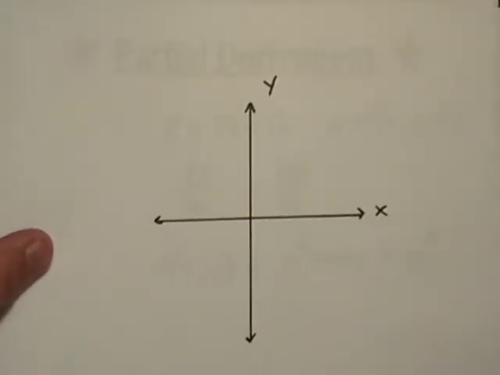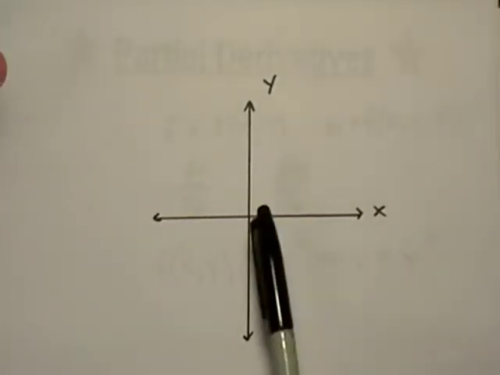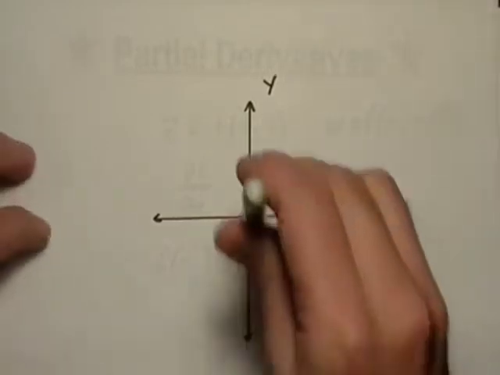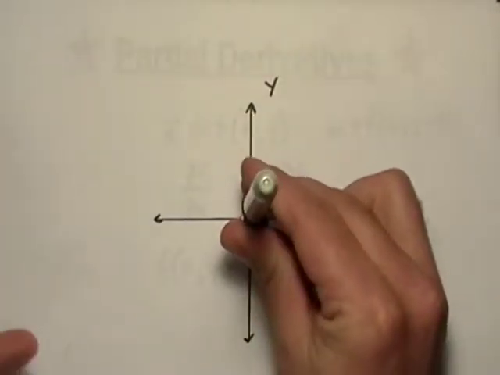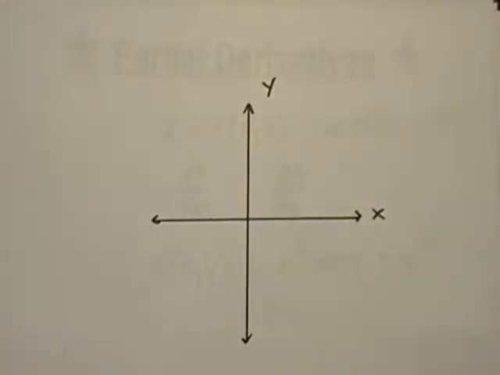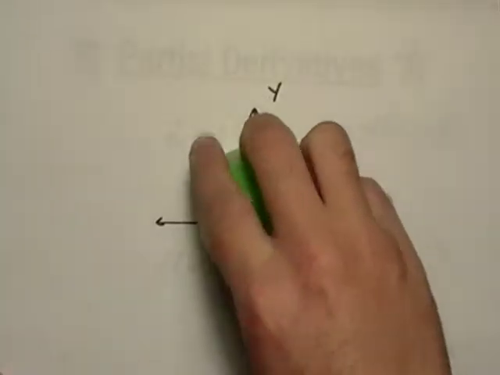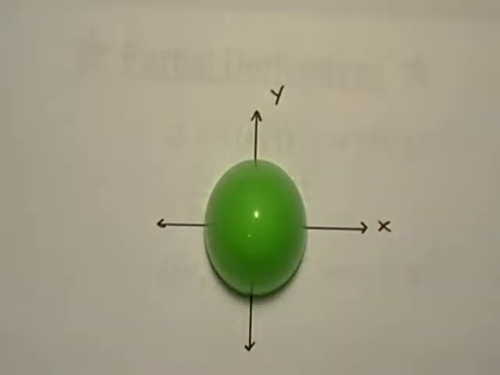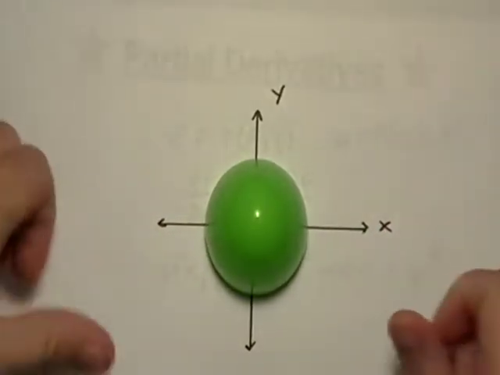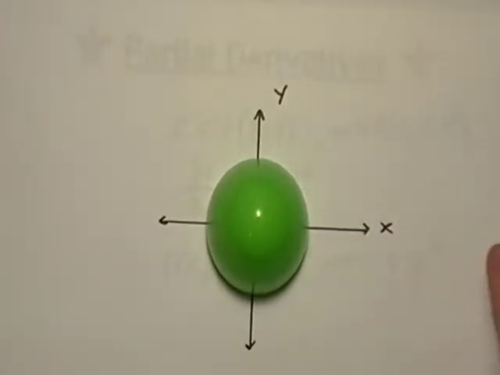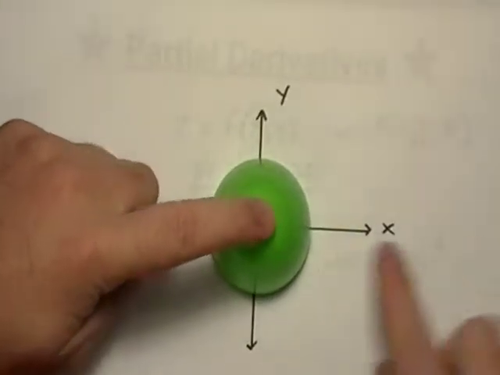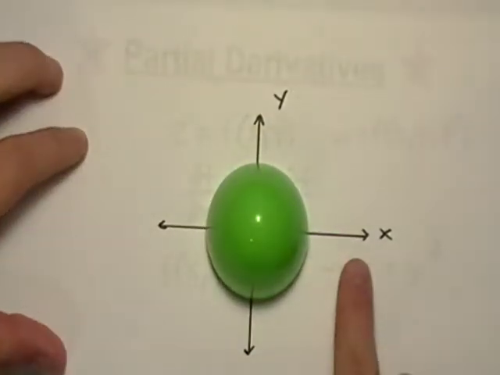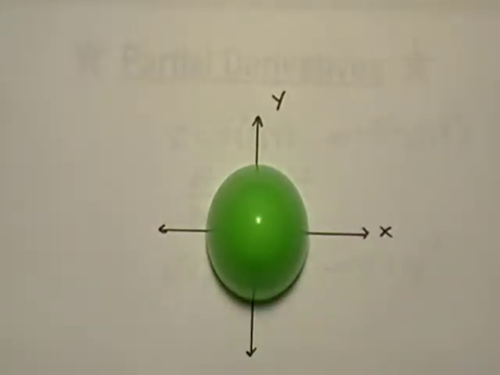Let's do some insight here. Say here's a function of x and y, and the z-axis would be coming out of there. So here's a surface. We'll just say it's f of x, y. Who knows what it really looks like? But let's say I want to take the partial with respect to x.